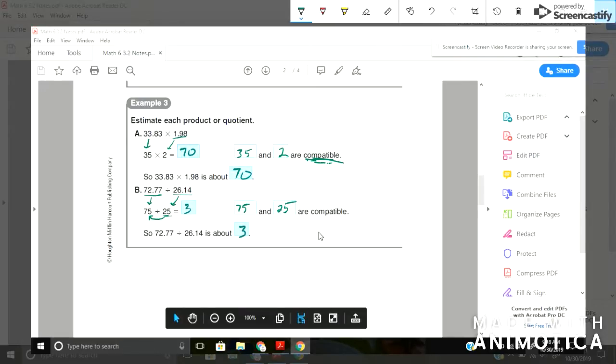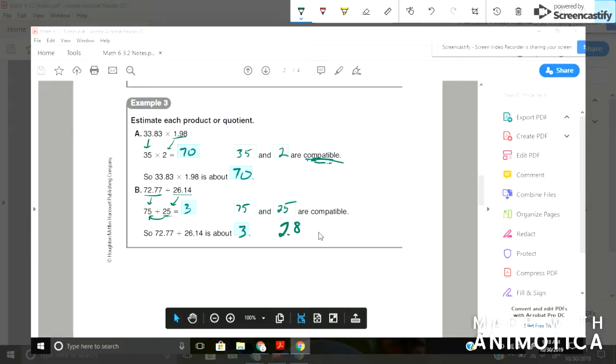Okay, if I were just to double check that and stick it in my calculator here, I would come up with a total of 72.77 divided by 26.14 gives me 2.8.